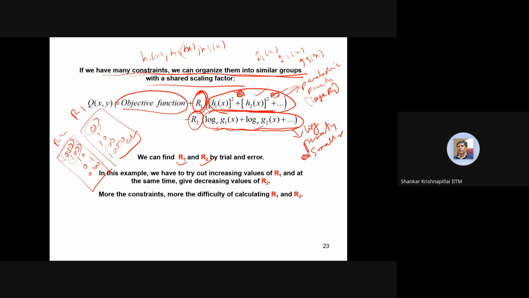The next R2 is 100 and the corresponding value of R1. Okay, so simultaneously you have to give these matching values of R1 and R2. Okay, and then check the convergence. Okay. So more the constraints, more is the difficulty of calculating R1 and R2.